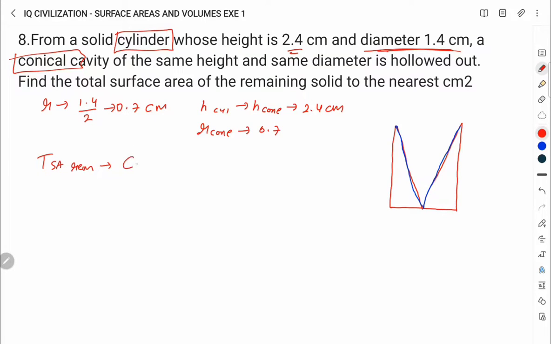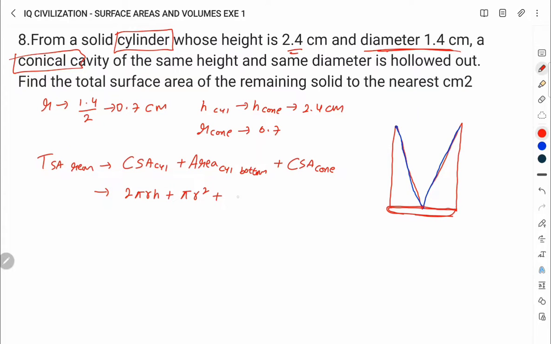Outer surface area means CSA of the cylinder plus area of the bottom of the cylinder, plus CSA of the cone. So that is 2 pi r h plus pi r square, this one is a circle shape, right?